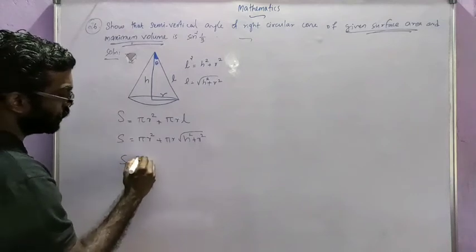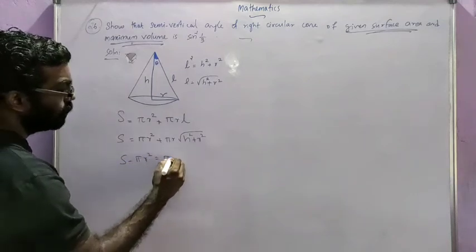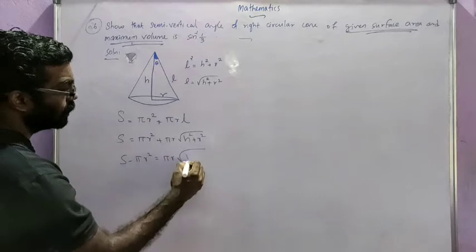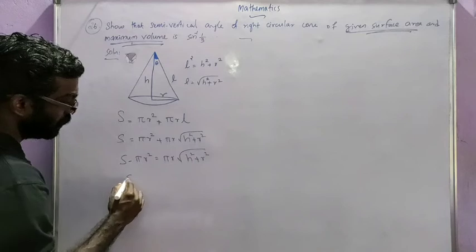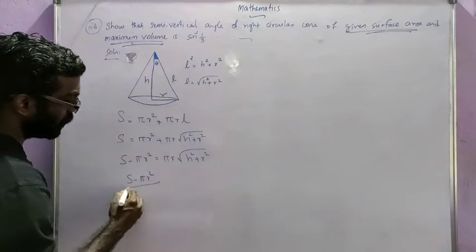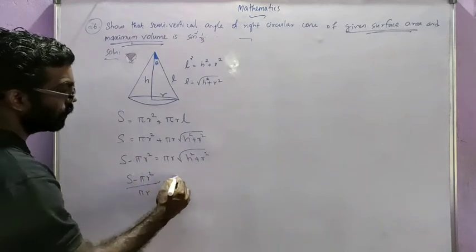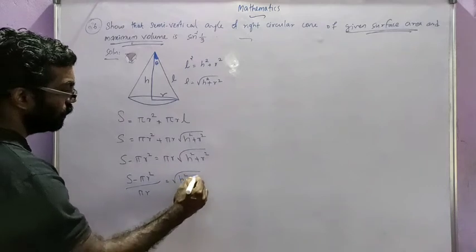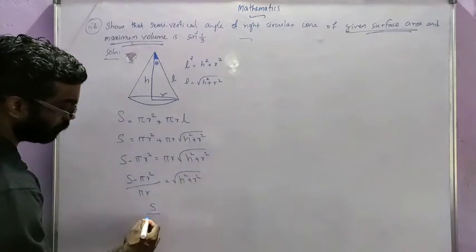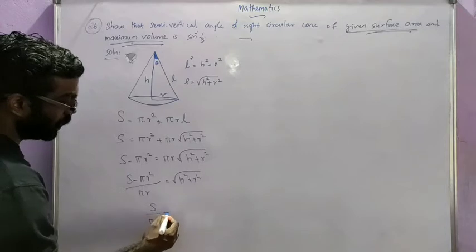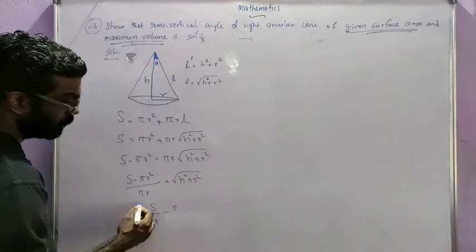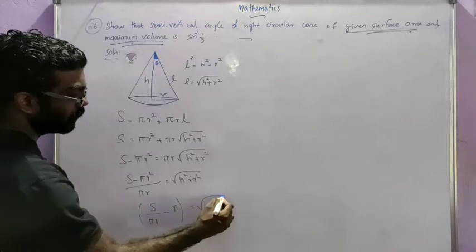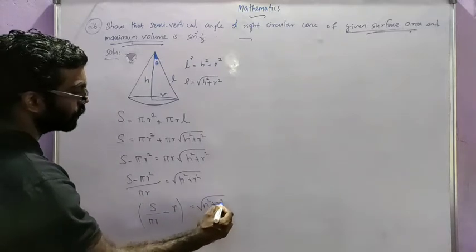That is s minus pi r square equal to pi r into root of h square plus r square. Pi r we can divide, s minus pi r square divided by pi r equal to root of h square plus r square, or s by pi r minus pi r square by pi r, we get r, which is equal to root of h square plus r square.